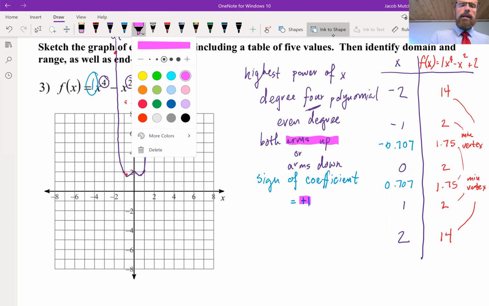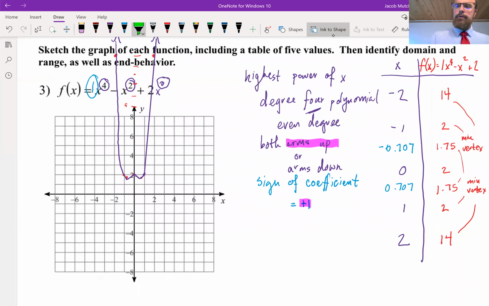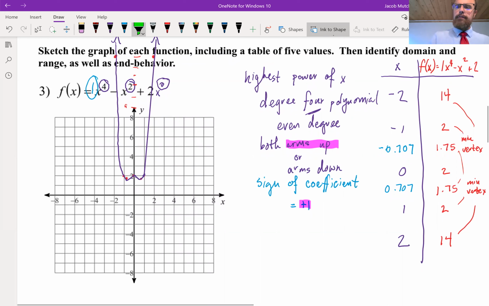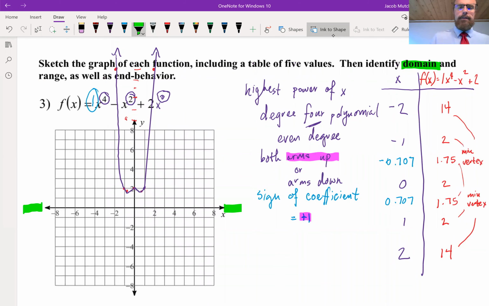Let's pick our domain values first. Remember, domain is a description of the x values of the function. So I'm going to highlight domain, and x values again are from the left to the right. As I look at the two extreme parts of the function on the left and on the right, what I want to do again is just mark the general trend of the function at those extremes.